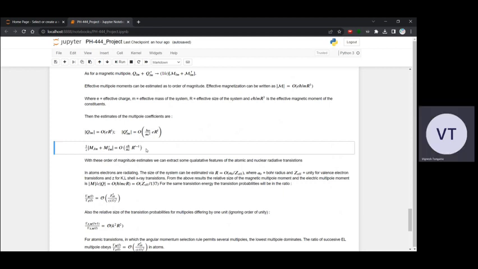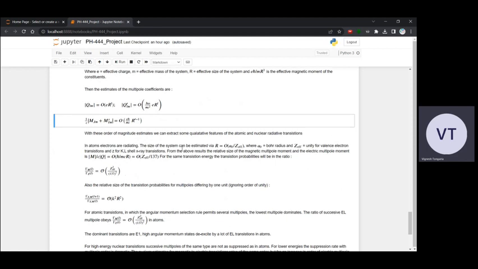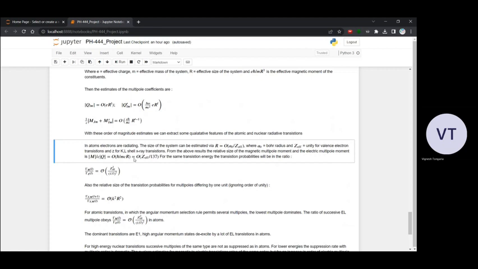In atoms, the electrons are the radiating constituents, so the size of the system can be estimated as of the order of a naught by Z effective, where Z effective is the effective charge.